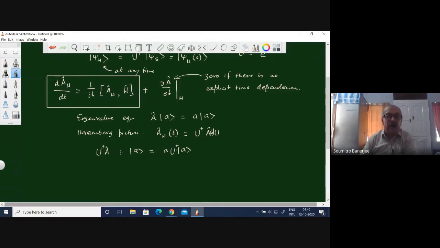Now in this gap you can put 1, since U is a unitary operator, U U dagger is 1, and as a result this becomes the A in the Heisenberg picture. Then I'll put in a bracket U dagger a is equal to a times U dagger a. Obviously, for the operator in the Heisenberg picture, U dagger a is the eigenvector. So this is the eigenvector.